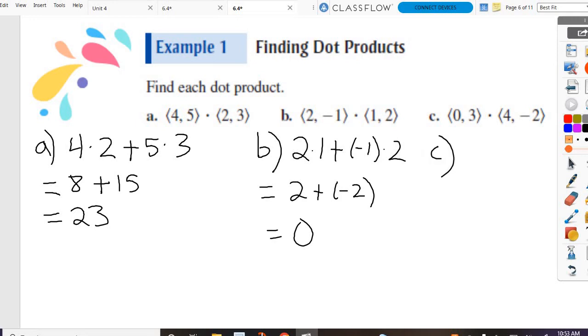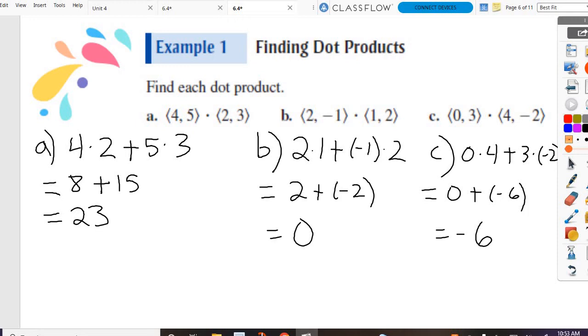Alright, and then lastly, our x components and our y components. So we get 0 plus a negative 6 gives us negative. Okay. And those are dot products.